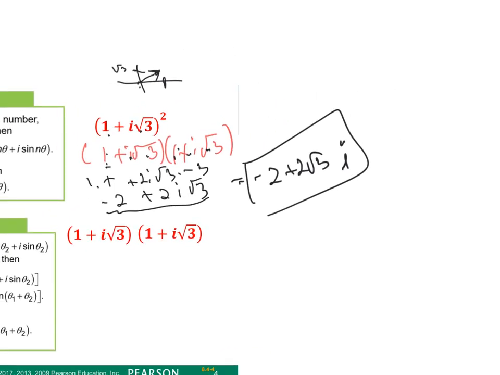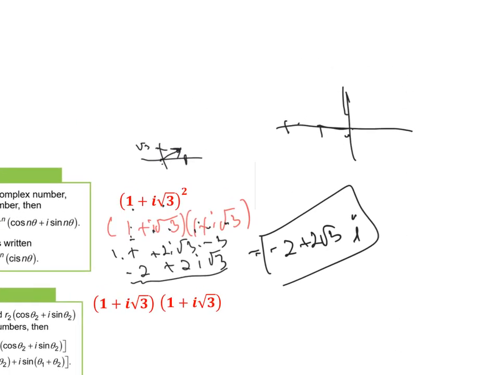And if I want it in trigonometric form, I would have to graph this, go 2 to the left, up 2 square roots of 3, which is, I don't know, it's got to be less than 4. So it's up here somewhere.